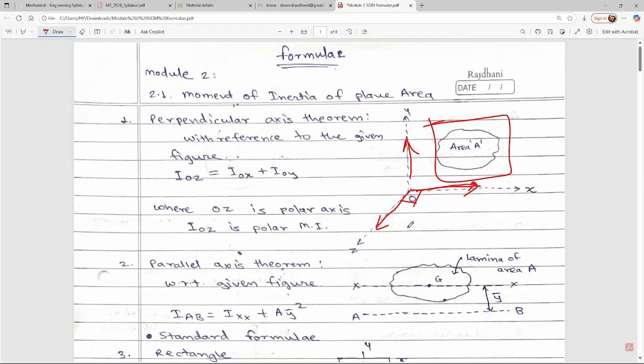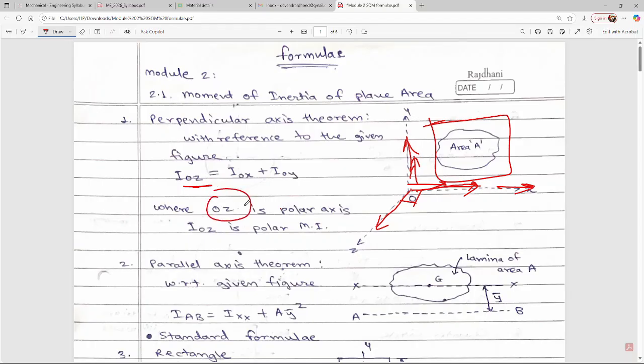Okay, so moment of inertia with respect to OZ is equal to IOX plus IOY. Okay, means moment of inertia with respect to OX plus moment of inertia with respect to OY.